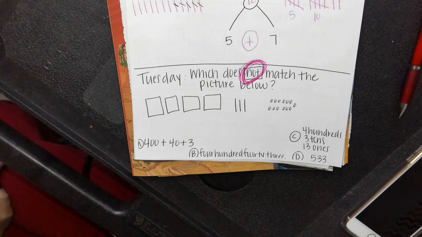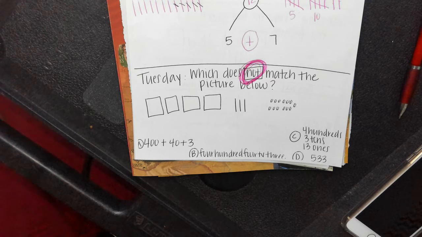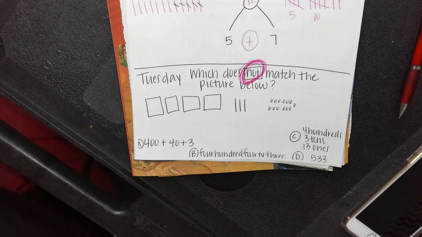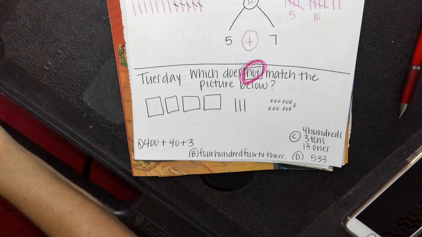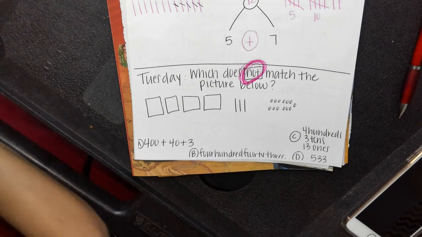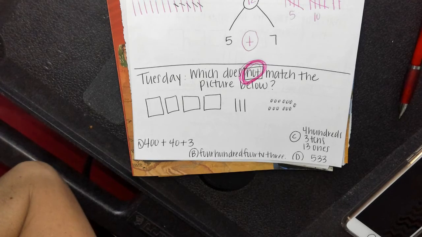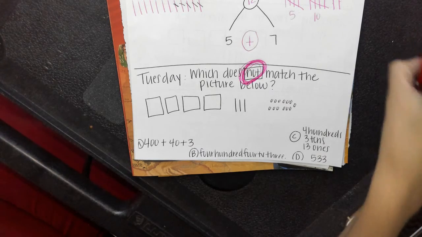Okay, well, we've talked about this, and I told you that it was going to come in handy. I noticed something with my ones. What is it? That's 13. So what does that mean? I could make another 10. Good job, Omar.